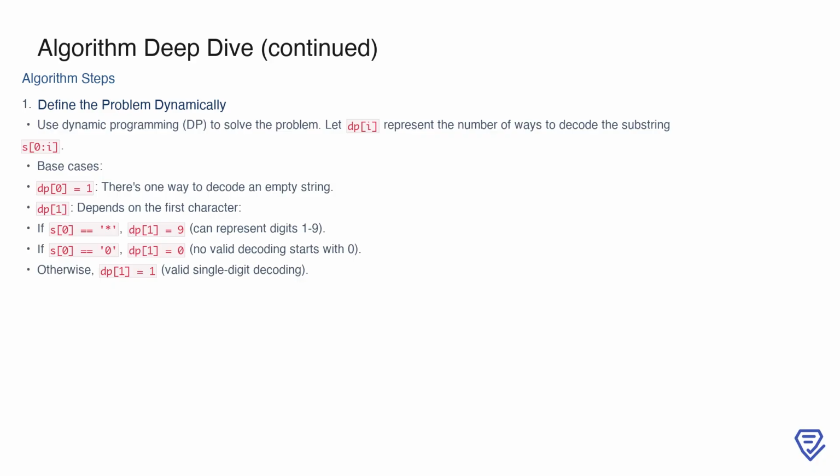If the first character is an asterisk, it can represent any digit from 1 to 9, so dp[1] equals 9. If the first character is 0, no valid decoding exists, so dp[1] equals 0. Otherwise, if the first character is a valid single digit, such as 1 through 9, then dp[1] equals 1. These base cases provide the foundation for building the solution for larger substrings.